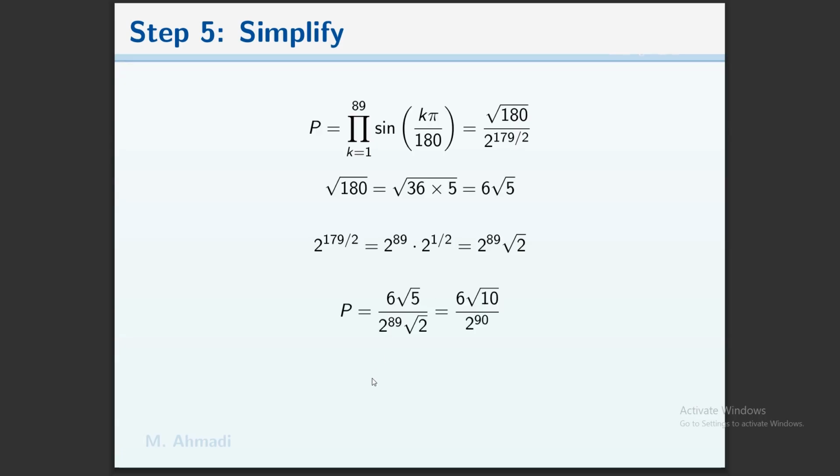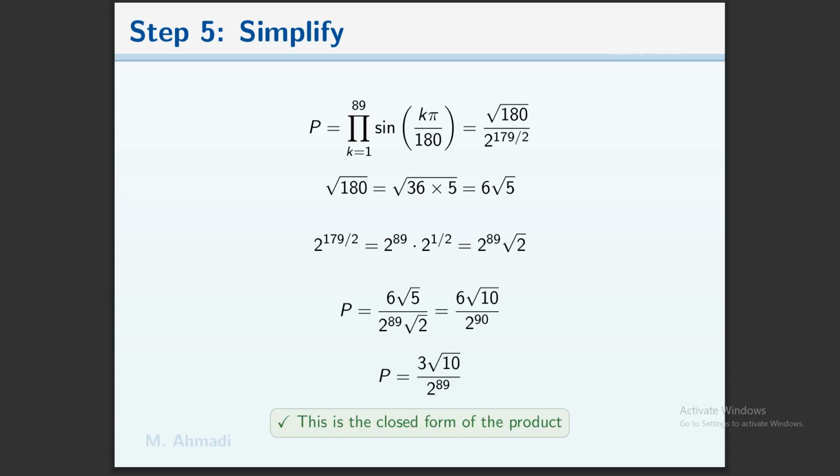So we can rewrite that P, the product of sin 1° to sin 89°, is equal to 6√5 divided by 2^89 multiplied by √2, which is 6√10 divided by 2^90. So finally, P is equal to 3√10 divided by 2^89. This is the closed form of your product.